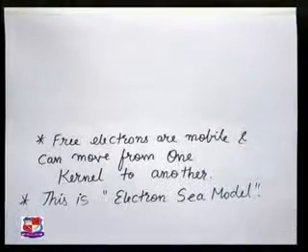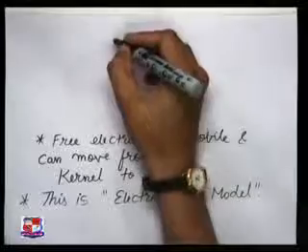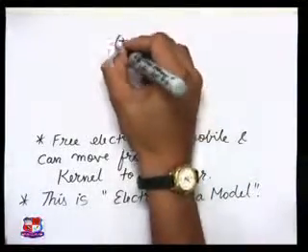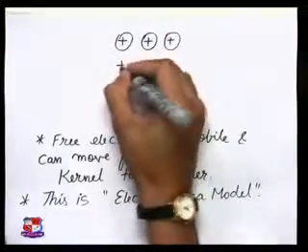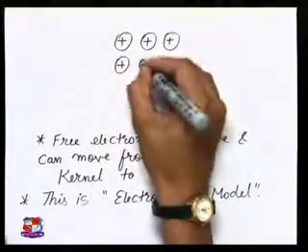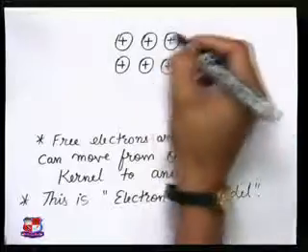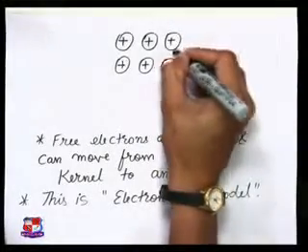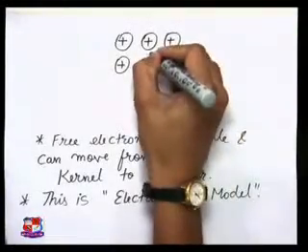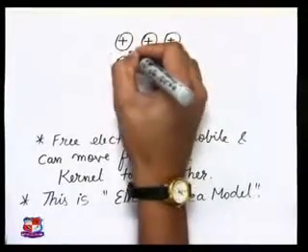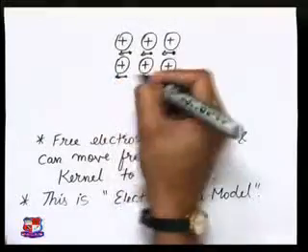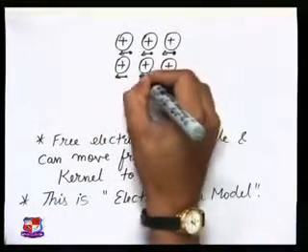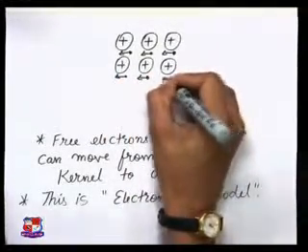Let us try to draw and understand how the kernels and electrons are arranged. You have a positive charge, and in that you can put the electron like this. You can see here the positive charges are your kernels and the negative charges are your electrons.